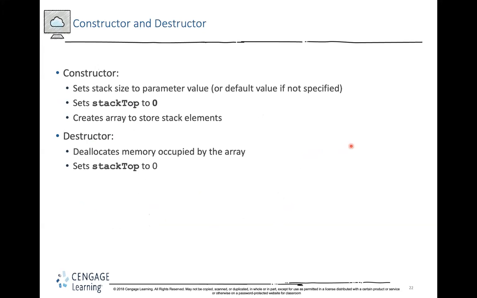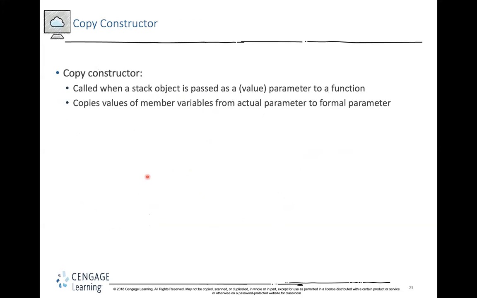For the constructor, we simply set the stack top to 0. The stack size will be some kind of default value or a value that's provided. And then we simply create the array. And then the destructor would deallocate the array and set the stack top back to 0. The copy constructor is essentially the same thing that we just saw to copy a stack.